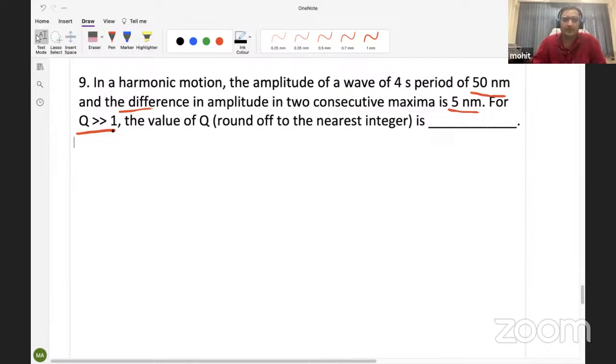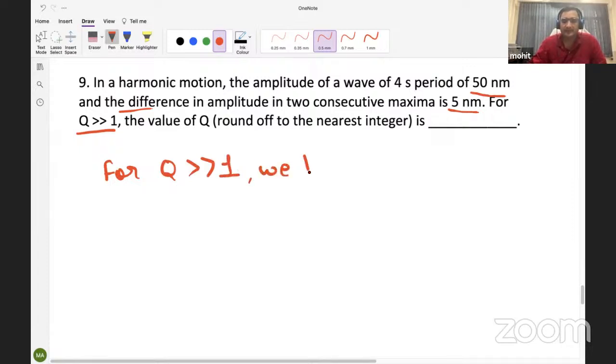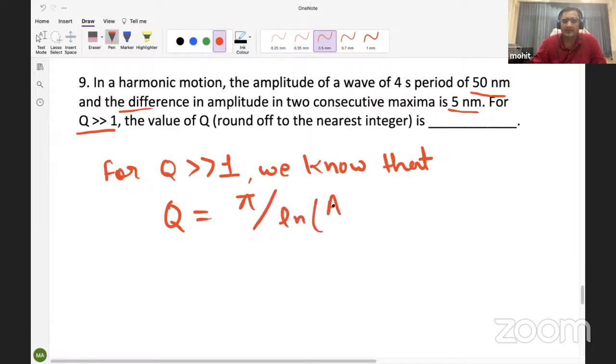The value of Q to the nearest integer is, so we know, if you could recall my lecture, for Q greater than 1, this Q is given by a formula, that is pi divided by ln A1 by A2.